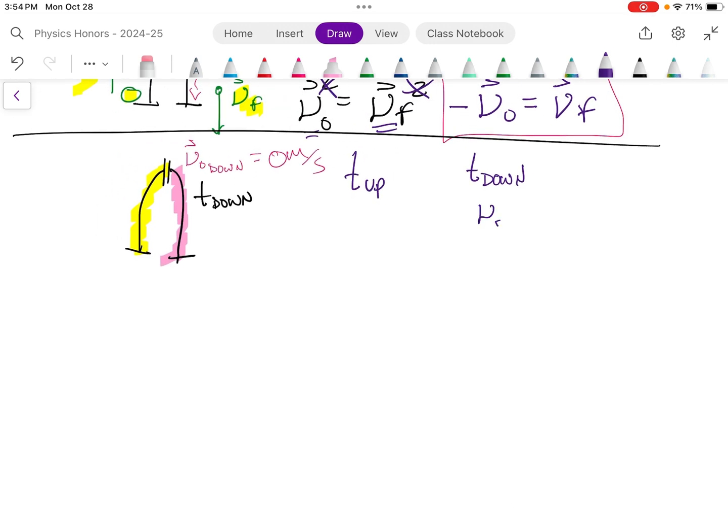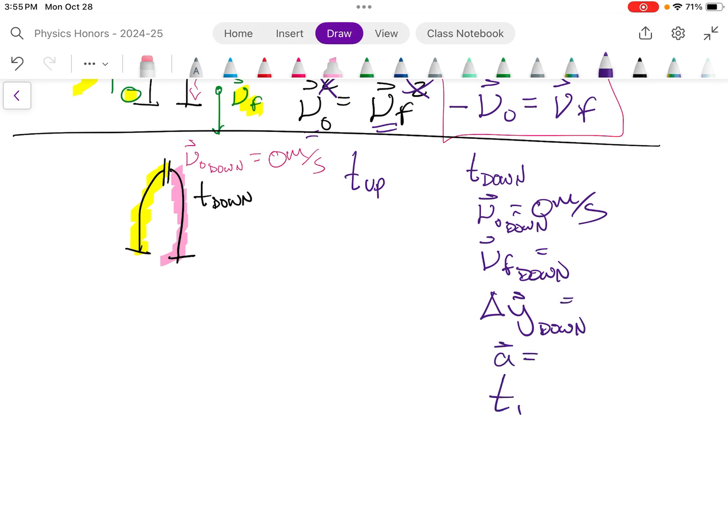So I'm going to do vo down, that's 0 meters per second. vf down, I don't know. Delta y, I don't know. Acceleration, and t down.